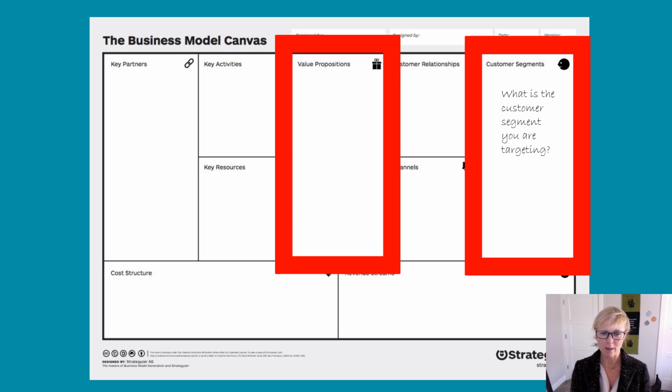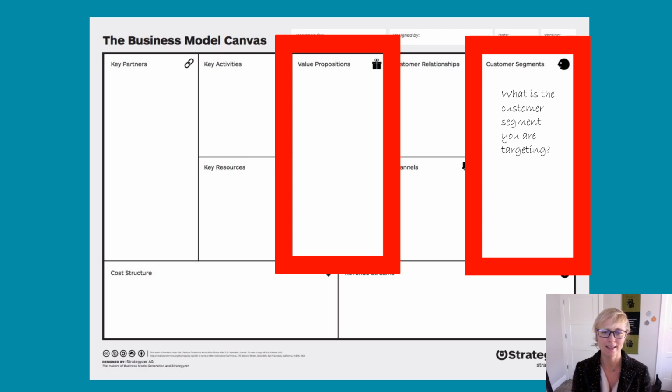What is the segment that you are targeting? You could try to fit in all of your segments here and make one business model canvas that is useful to you. But I find it useful to use this for each different segment.